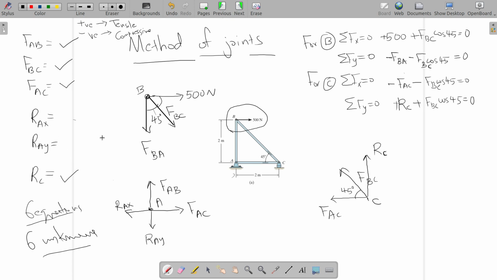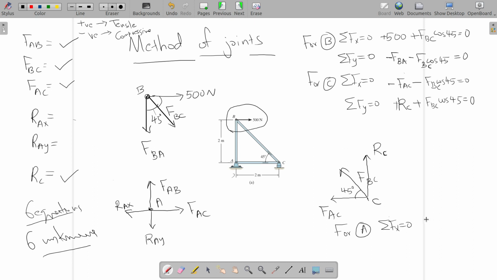Now we go to the last junction, A. Here FAB and FAC we have already calculated. So RAX and RAY are the only unknowns. That's going to be easy. Net force in x direction is 0.